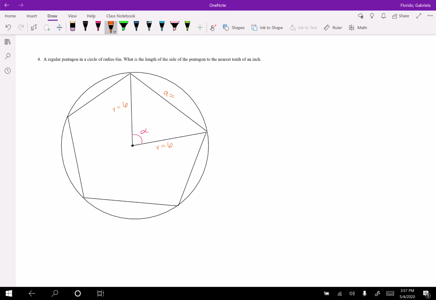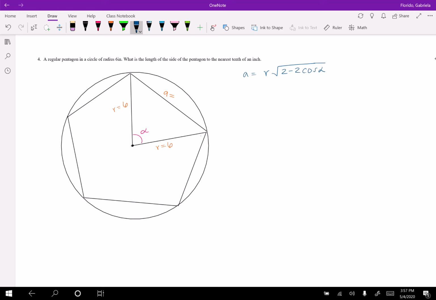The formula tells us that a, the length of a chord, is equal to r times the square root of 2 minus 2 cosine of alpha. We know r, and we know alpha. Oh, we don't know alpha. But we can actually figure it out. Notice that this pentagon cuts our circle into 5 equal pieces.